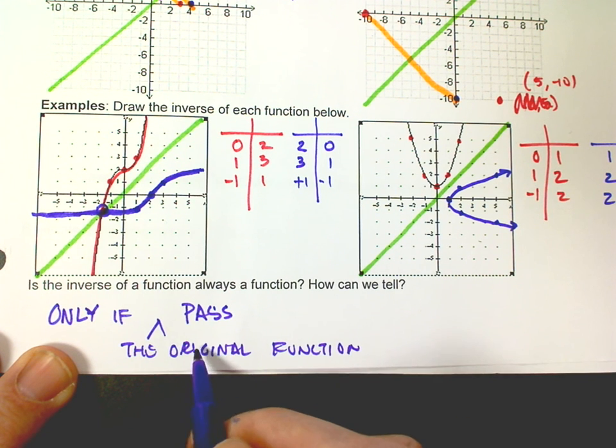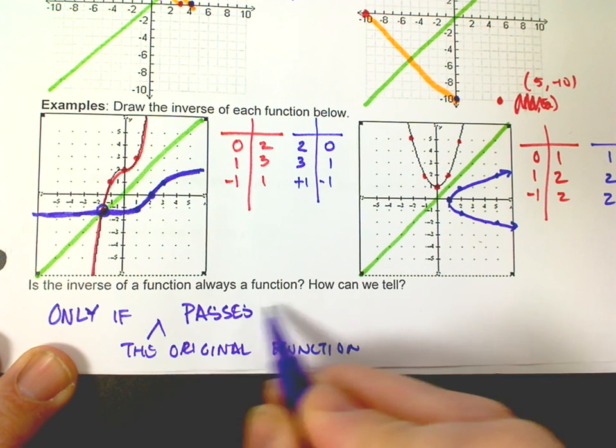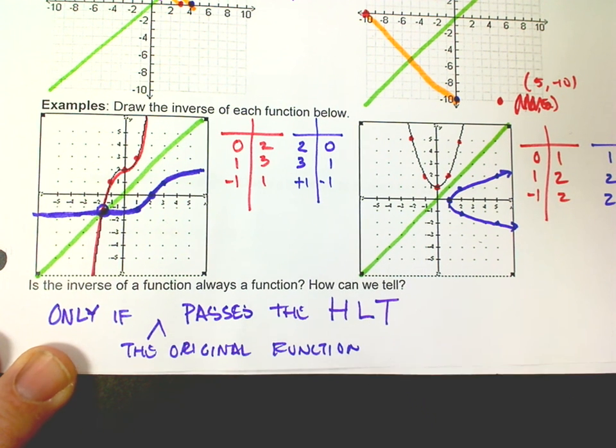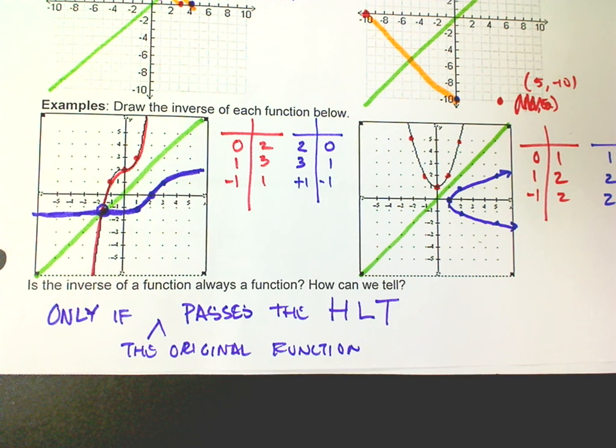Only if our original function passes the HLT, the horizontal line test, not the VLT. The VLT is what we use to check a function.